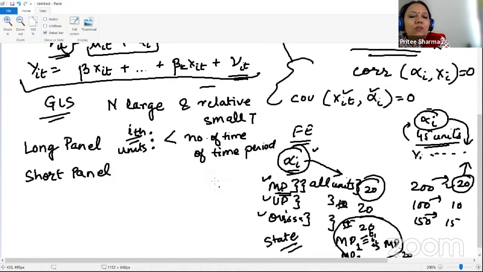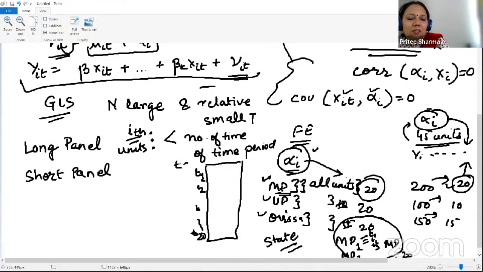Is this clear? So when you see your data, it will look more like this, with T1, T2, T3, T4, up to T20, and you have only 8 units that you are collecting the data for. This is called long panel. What is short panel?